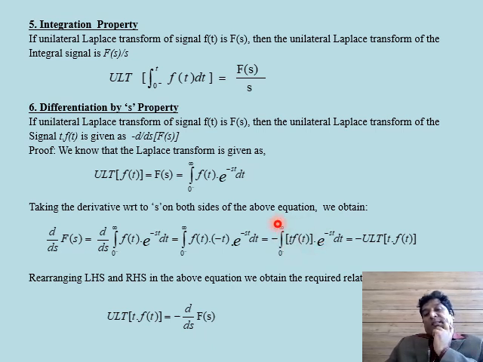Now what is this integral? The integral is nothing but the ULT of the new signal t times f(t), and of course here we have a minus sign. So hence we get the final answer. The ULT of t times f(t) will be the minus of d/ds of F(s).